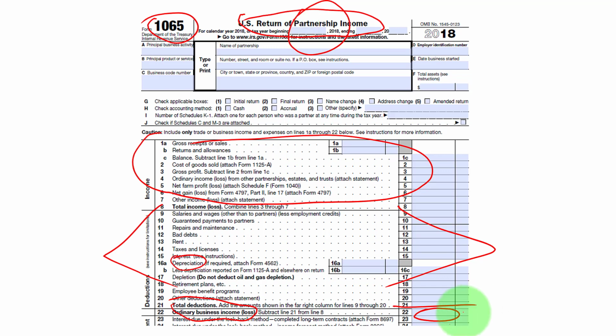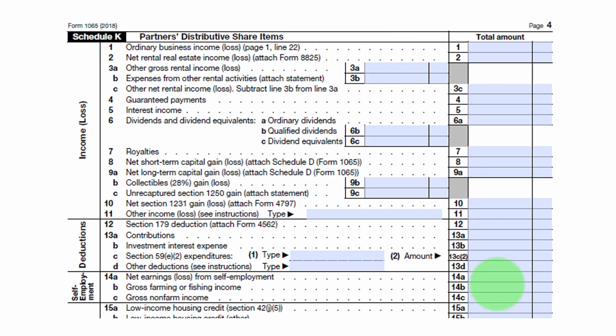So this bottom line here, the ordinary business income of the partnership, is going to be rewritten on a schedule for this 1065 called a Schedule K. And here would be the same amount. And if you look further down, you can see other types of income that are going to be reported to the partners.